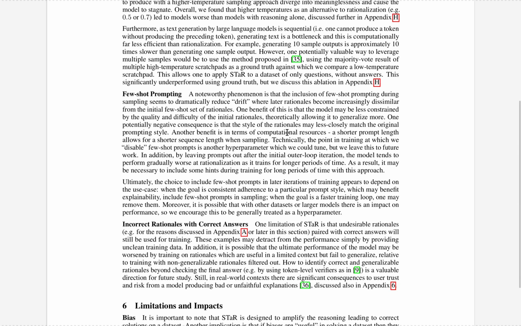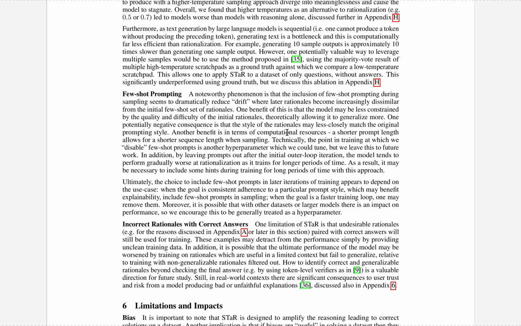Few-shot prompting. A noteworthy phenomenon is that the inclusion of few-shot prompting during sampling seems to dramatically reduce drift, where later rationales become increasingly dissimilar from the initial few-shot set of rationales. One benefit of this is that the model may be less constrained by the quality and difficulty of the initial rationales, theoretically allowing it to generalize more.